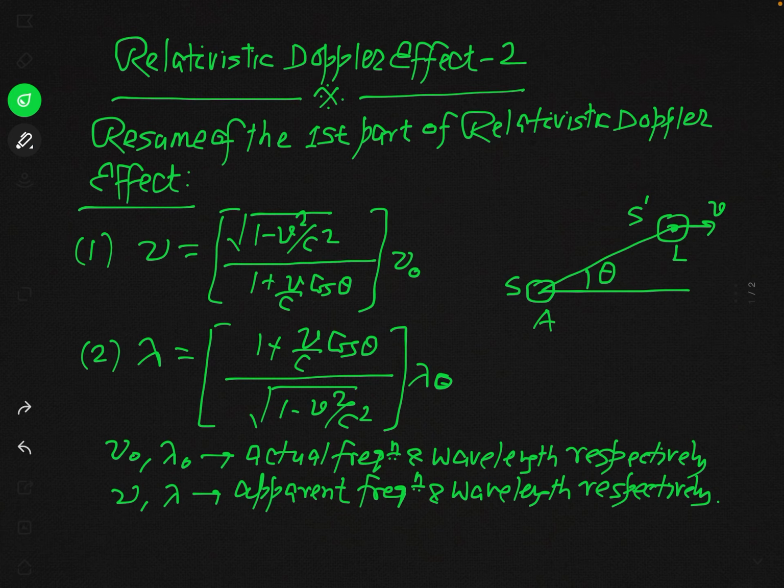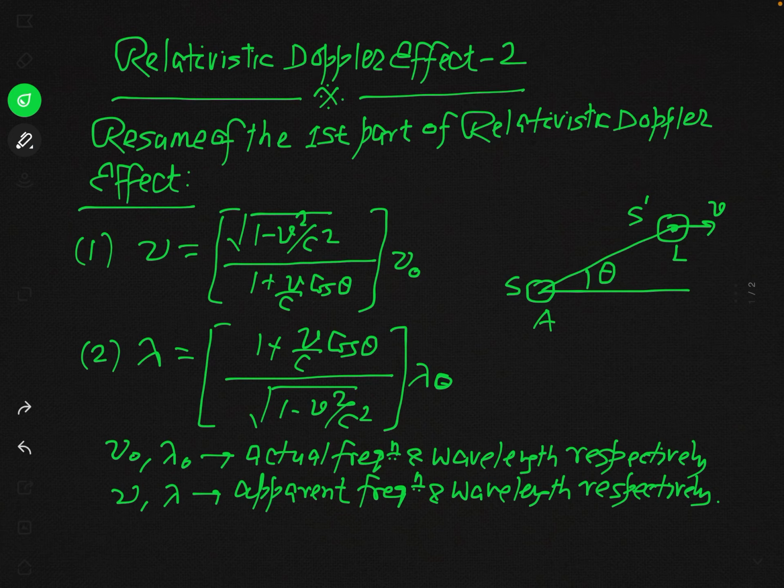So first of all, see what we have learned in the previous lecture. We have assumed that there is a fixed inertial frame S, and in this inertial frame S, an observer A is fixed, and L is a source of light which is moving with respect to this observer A with a constant velocity v.